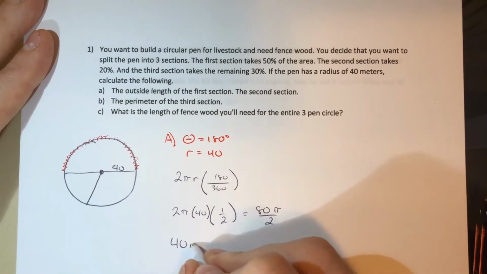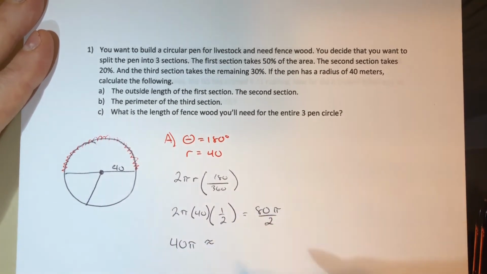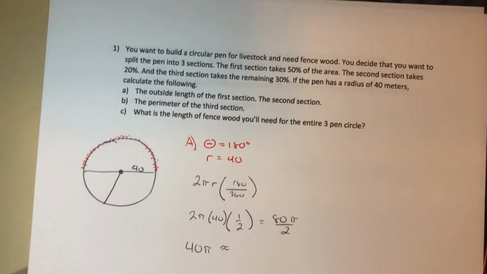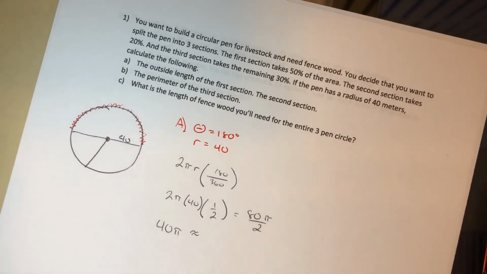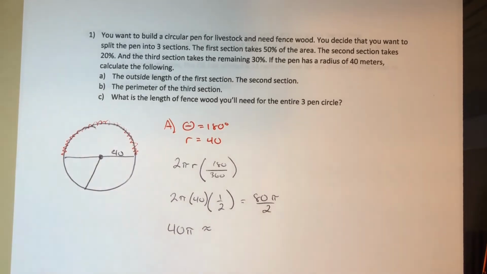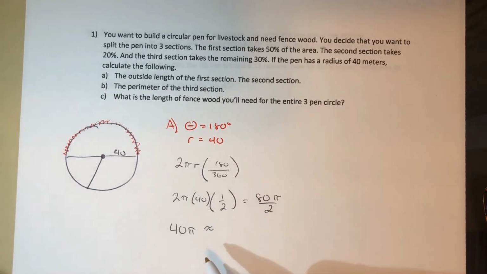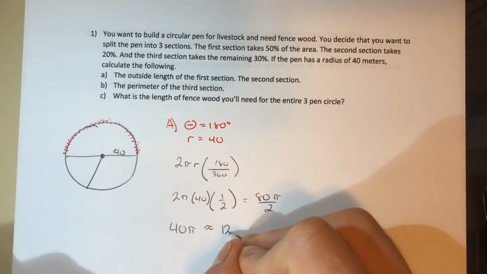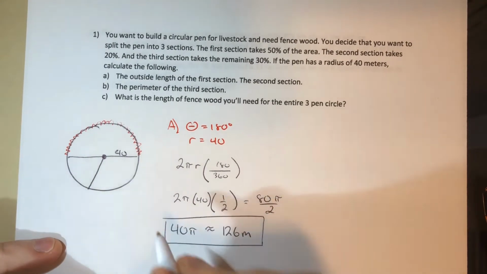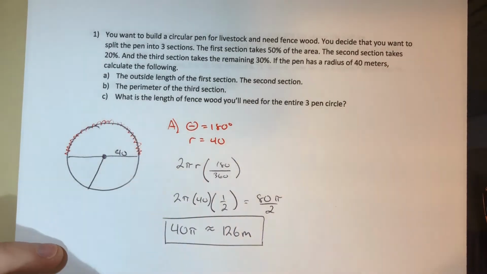This is going to be 40 pi, or the equivalent of 126 meters. And so that's the length of the first section.